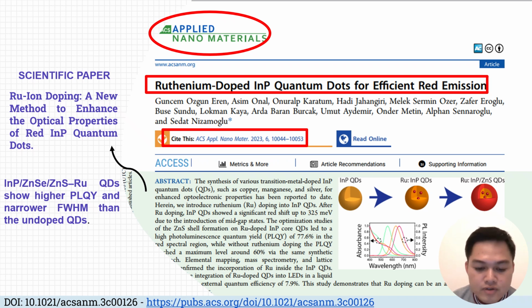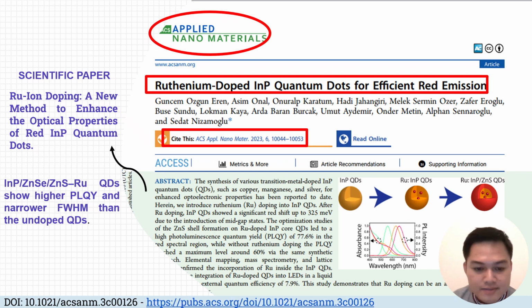The improved indium phosphate plus zinc sulfur ruthenium-doped quantum dots work better than the undoped sample, and when used in LEDs, they reach an external quantum efficiency of 7.9%.